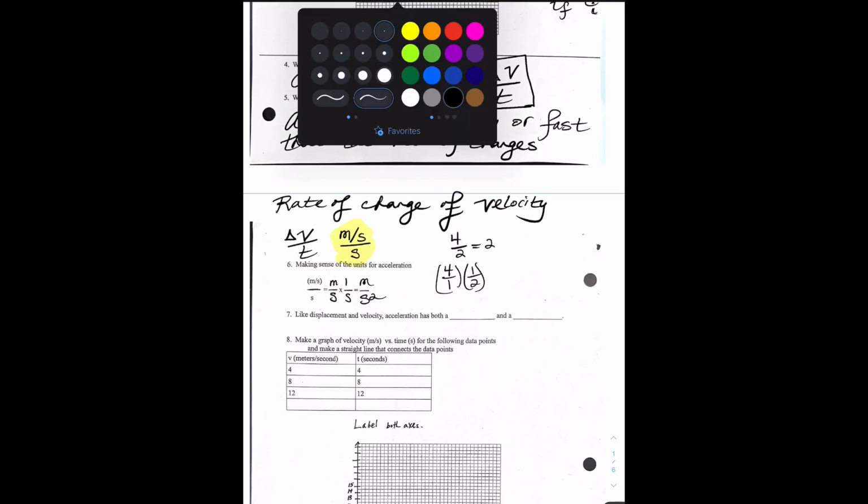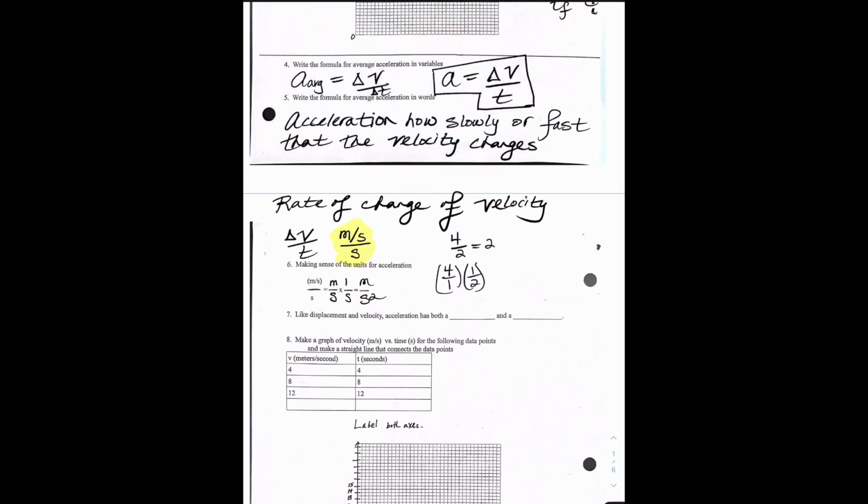So I can write that down right here, that you can pronounce that as meters per second per second. Because what we're saying is how quickly or slowly our velocity changes. Maybe it changes by 1 meter per second every second, or it decreases by 1 meter per second every second. Something along those lines.